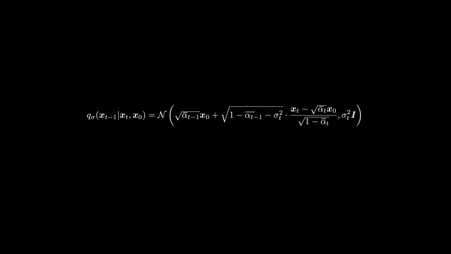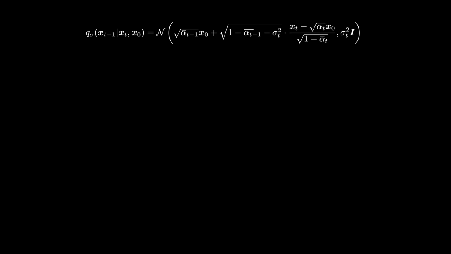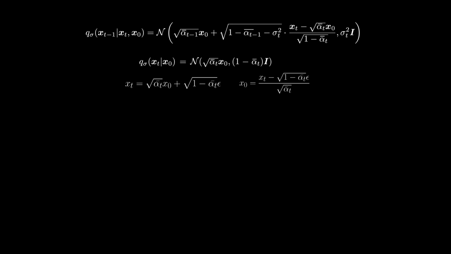For getting to the DDIM sampling equation, we first rewrite the ground truth denoising distribution's mean in terms of xt and noise. Since we know q of xt given x0 will always be of this form, we can rewrite x0 in terms of xt and the original noise added, same as DDPM.